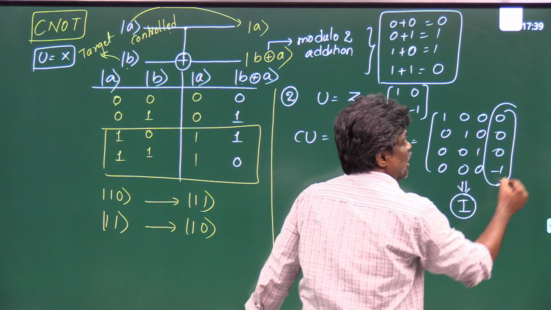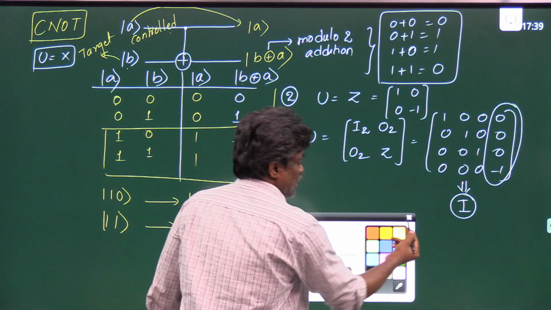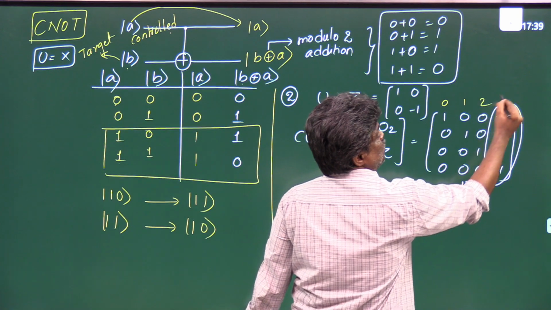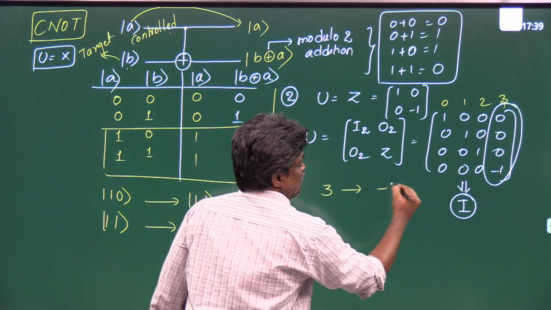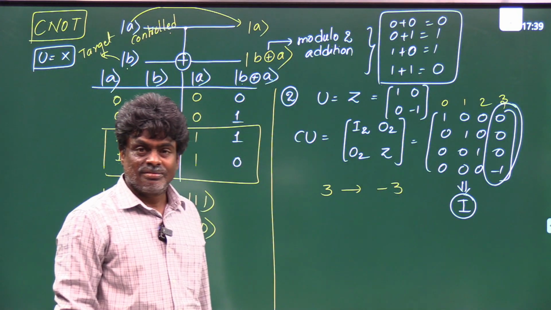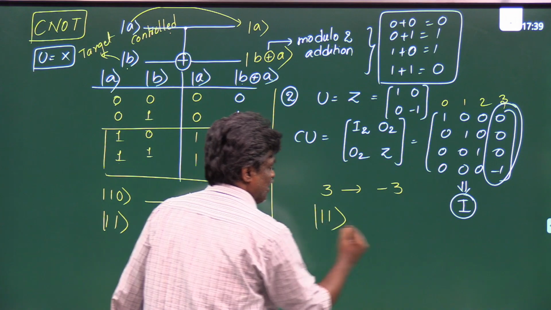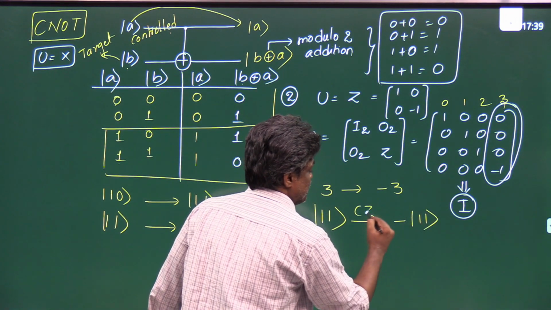The fourth column has a negative sign. Now can you please tell me what this is? 0, 1, 2, 3. So 3 becomes minus 3. That's it. What is 3? 1, 1. That will become minus 1, 1. That is the CZ gate.